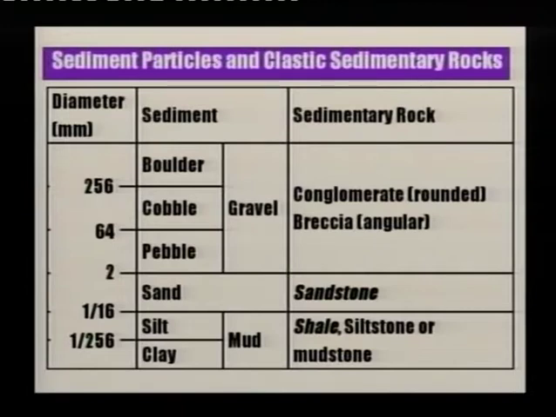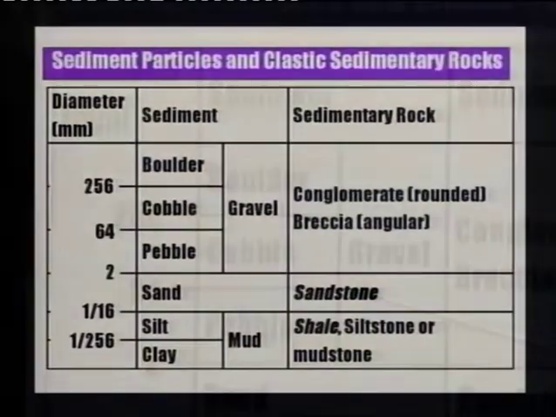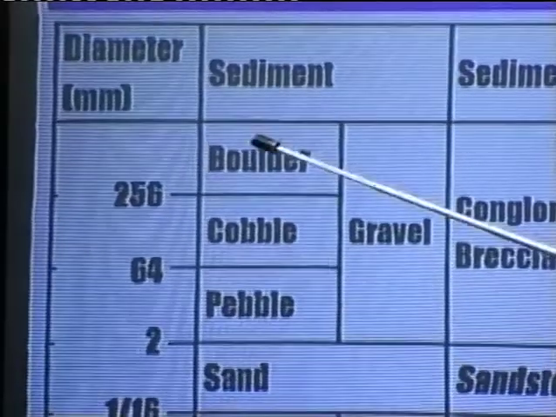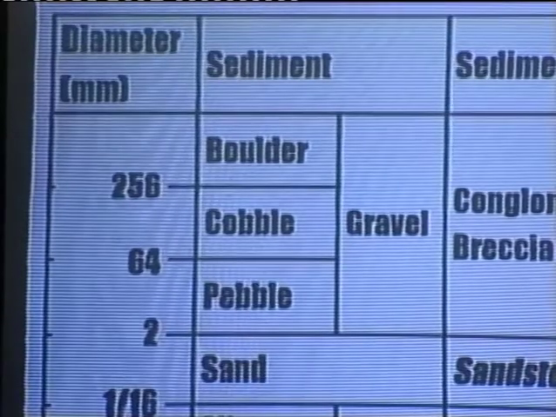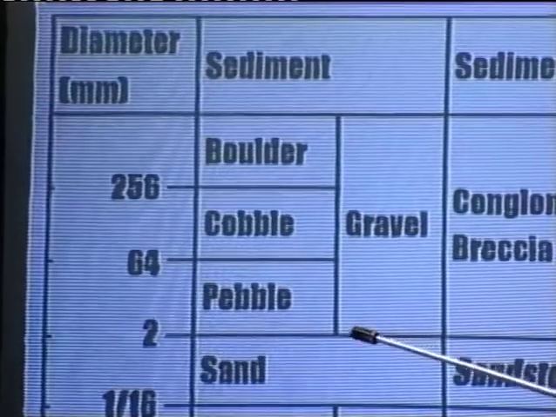We started off by looking at boulders. Any sediment with a diameter of 256 millimeters or more is considered a boulder. Any sediment with a diameter between 64 and 256 millimeters can be considered cobble. Sediment between 2 and 64 millimeters we classify as a pebble.